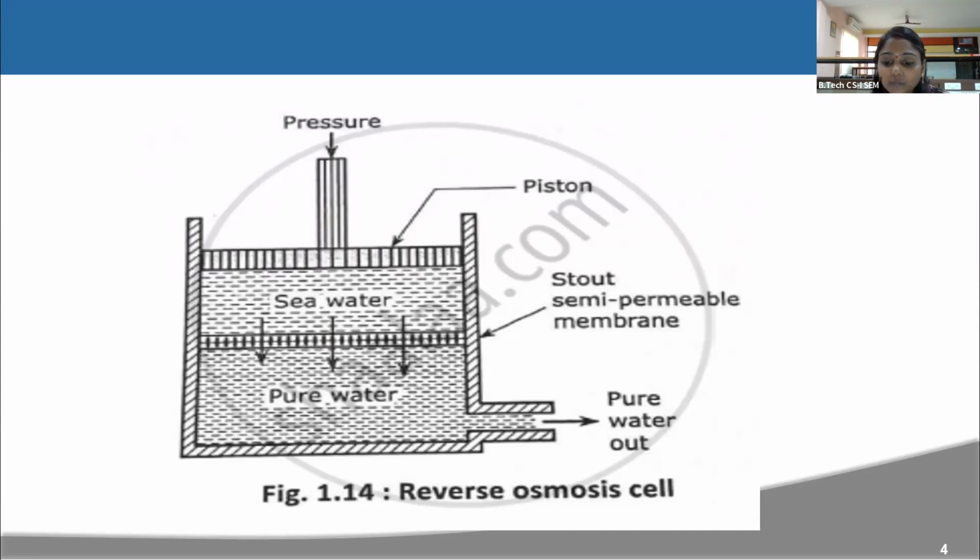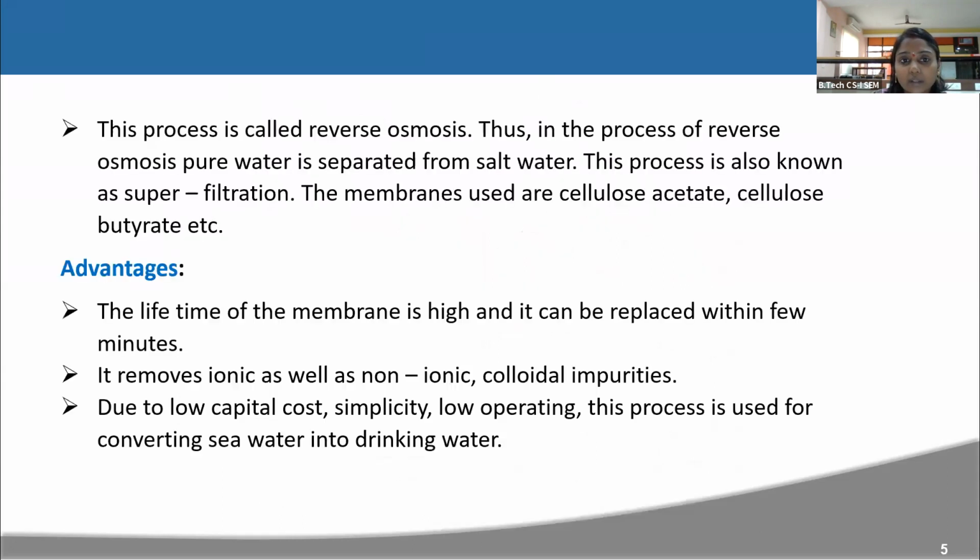So we apply pressure on the brackish water, and the water moves from the sea water side into the pure water compartment. The water we collect is called RO water. Where do you observe this RO water? Water purifiers. This diagram is very important.